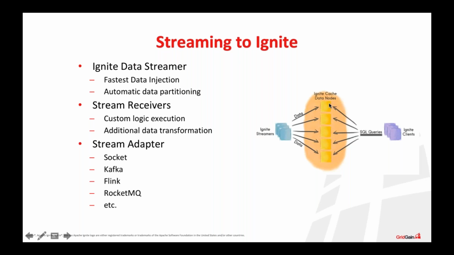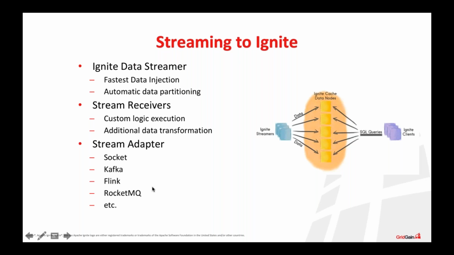And also we set up a special stream receiver. Once the data arrives to this node, the stream receiver will be called for every entry that is delivered to this node. And this might be needed if you want to do additional calculations, modifications or transformations before the data will be finally stored in your cache.